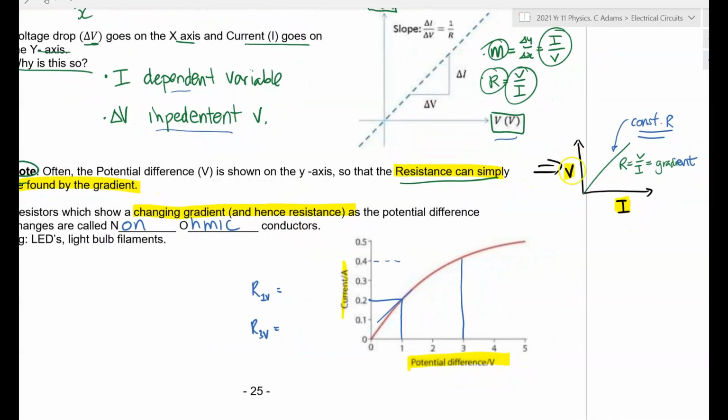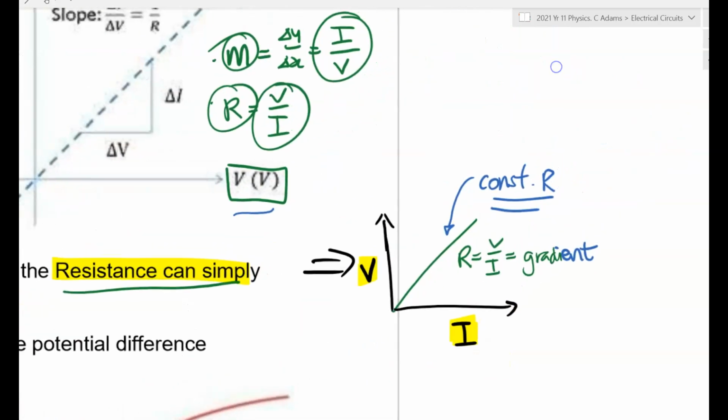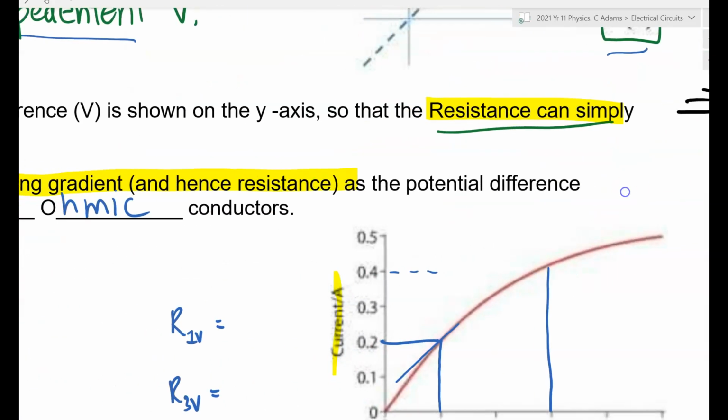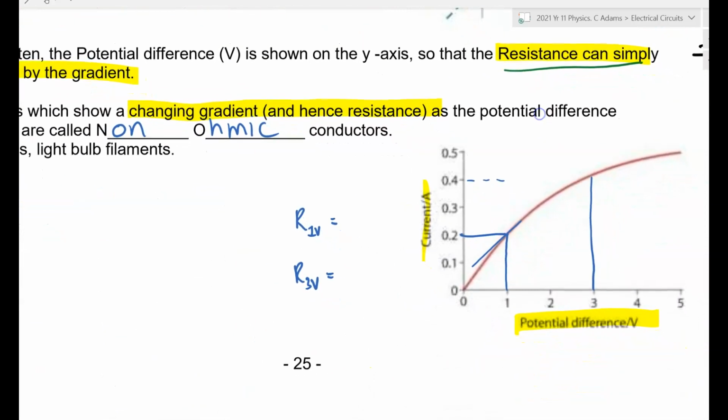Often you'll see voltage on your Y-axis, current on your X-axis. What that means, if we look at this graph here, is that straight off your resistance is your rise over run, which is V over I, so that's just your gradient. So when you come along with these questions, guys, first thing you look for is what's on your Y-axis and what's on your X-axis, and then depending upon how that's set up, your resistance is either the inverse of the gradient or the gradient itself.